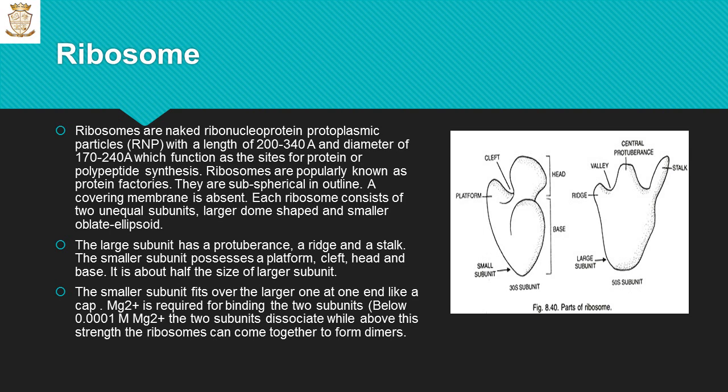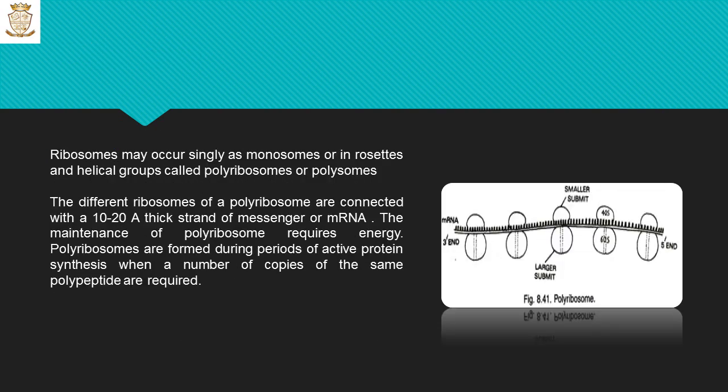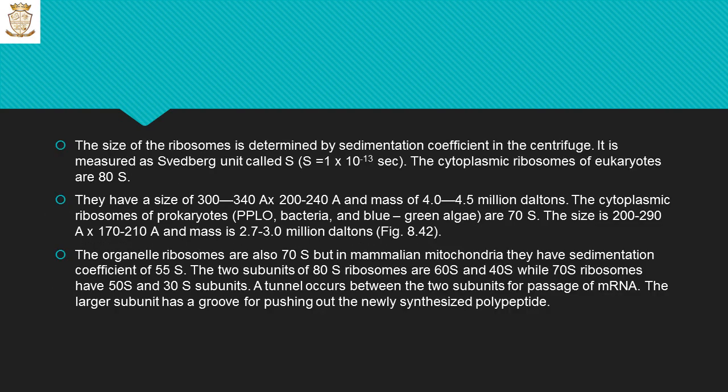Using Mg2+, the subunits associate to form a dimer; low Mg2+ dissociates them. Ribosomes may occur singly as monosomes, or in rosettes and helical groups called polyribosomes, in the formation of mRNA. The different ribosomes of a polyribosome are connected by messenger RNA. The maintenance of polyribosomes requires energy. The size of the ribosome is determined by sedimentation.